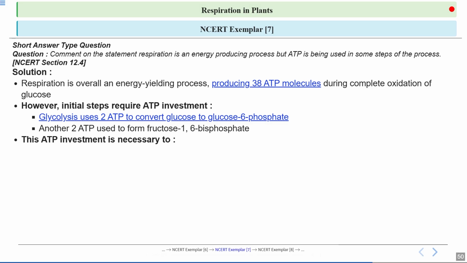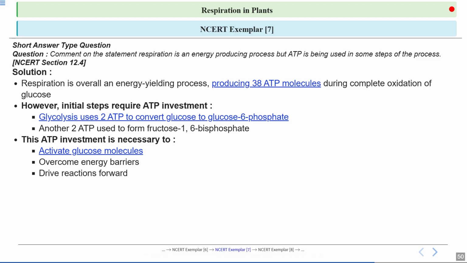Now, why is this ATP investment necessary? First, this ATP is used to activate glucose molecules. By adding phosphate groups, the cell makes glucose more reactive and ready for the next steps. Second, the ATP helps overcome energy barriers, because chemical reactions often need a little push to get started.